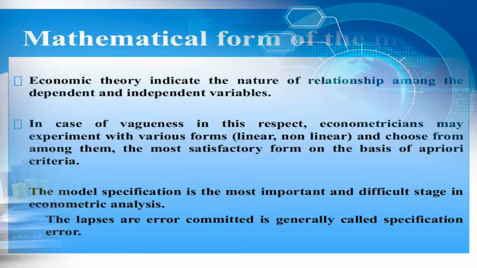In this, we have to specify the mathematical form of it. Mostly, economic theory or the maintained hypothesis indicates the nature of relationship between the regressor and regressand. In case of vagueness in this respect, econometricians may experiment with various forms, namely linear or nonlinear forms, and choose from among them the most satisfactory form on the basis of a priori criteria.